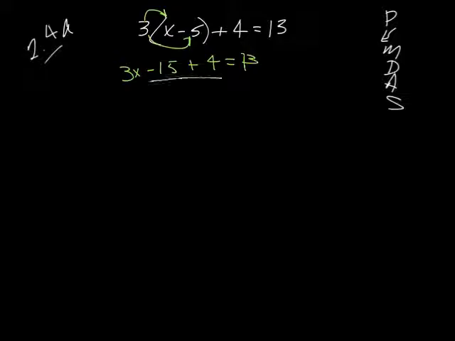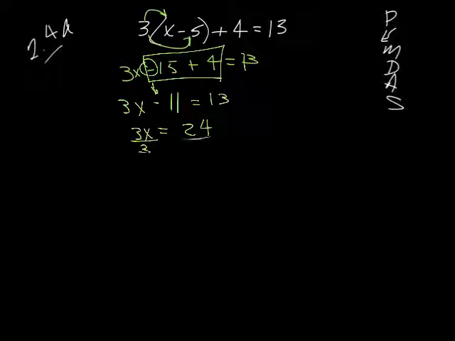Alright, so now I can combine these because those are like terms. The difference between the two is 11, with the sign of the biggest number right there. 3x equals, add 11 to both sides, divide by 3, x equals 8.